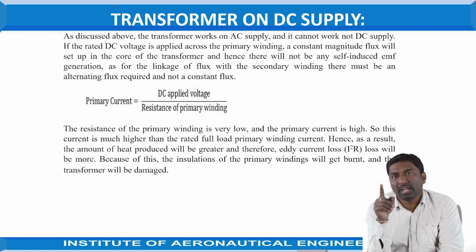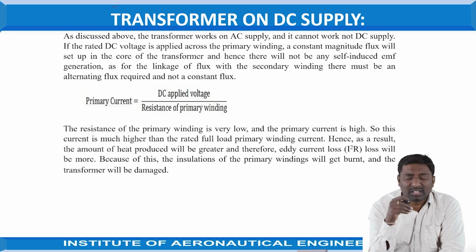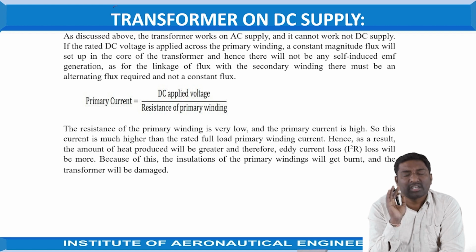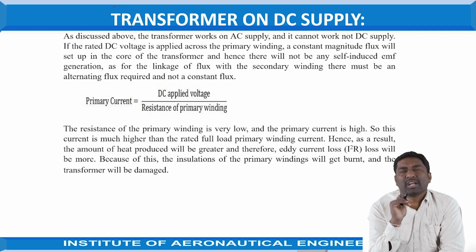Only then will the EMF be induced in the secondary winding according to mutual induction. So if you connect the DC supply to the primary winding, there is no flux linkage with the secondary winding and no self-induced EMF, which is why an alternating flux is required.